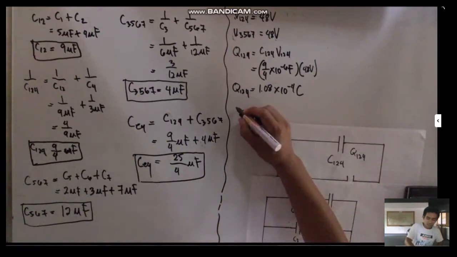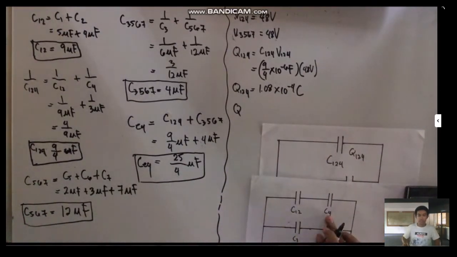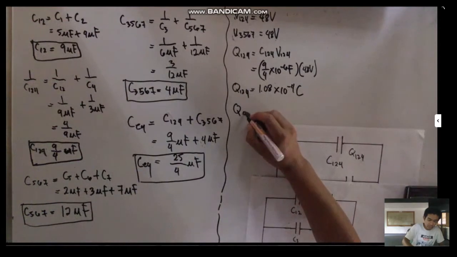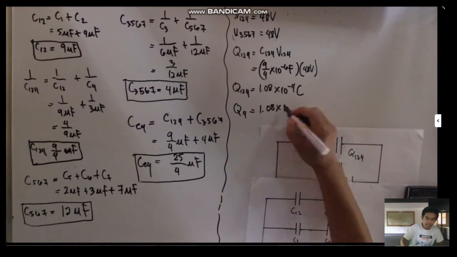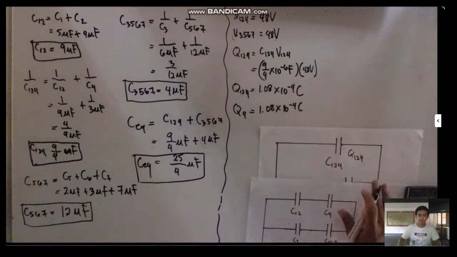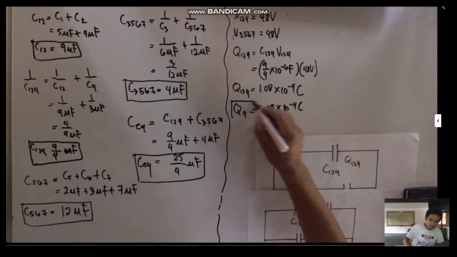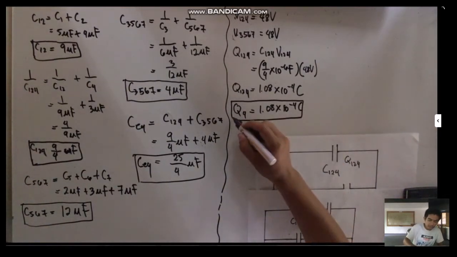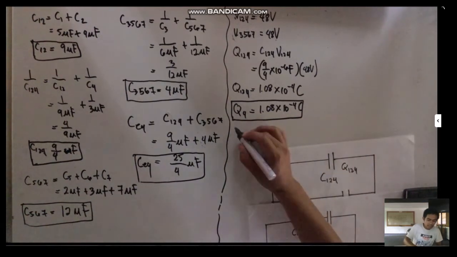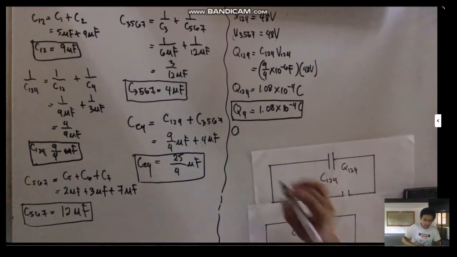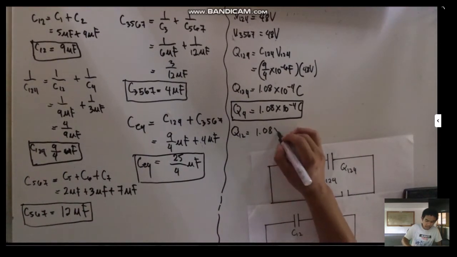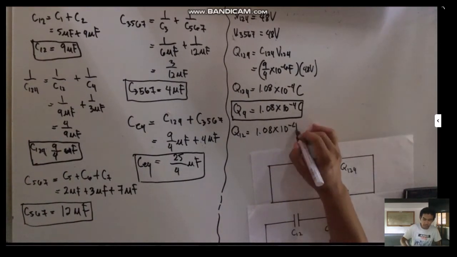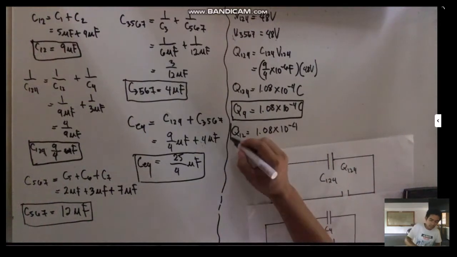So Q4, the charge of capacitor 4, will also be equal to 1.08 times 10 to negative 4 coulomb. Right? We have Q4. Next, Q12 is also 1.08 times 10 to negative 4. So we have Q12.